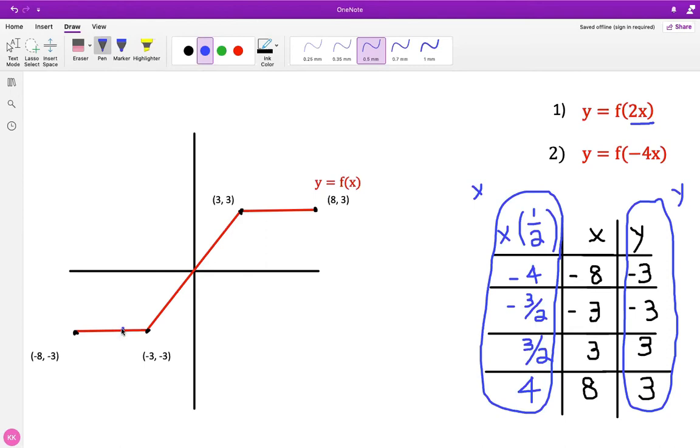The second point, -3 over 2 and -3, is around this point. 3 over 2 and 3 is around this point right here. And 4, 3 is around this point. I'm going to connect these points, and I should generate something like this.